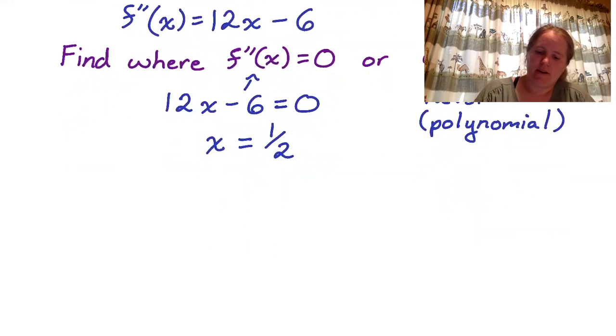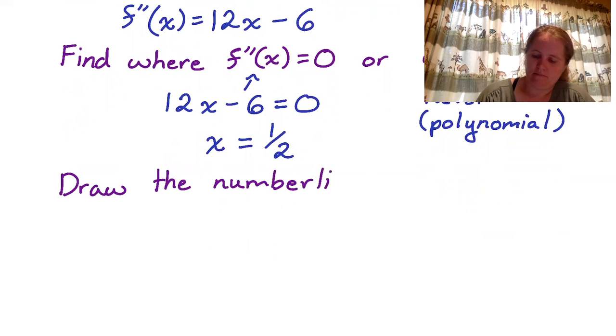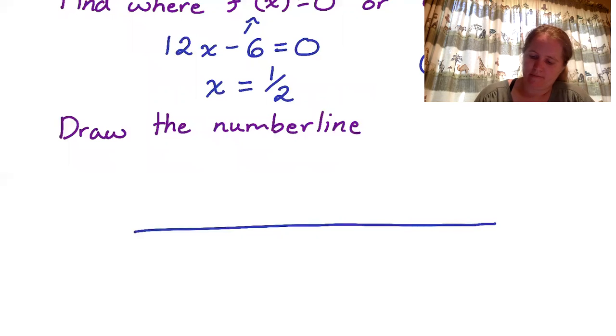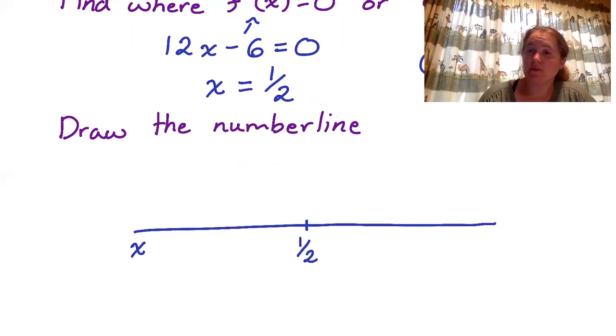Now we are going to go ahead and draw our number line. So we just had one point of interest here, namely x equaling 1/2. So we're just going to have two subintervals.